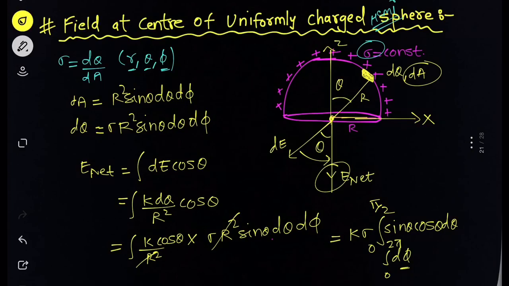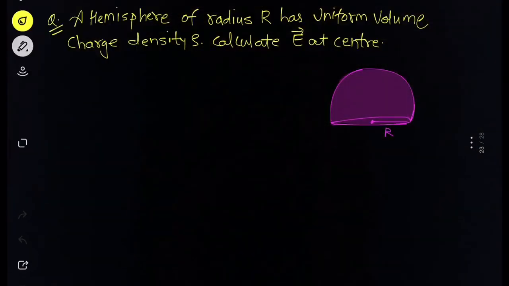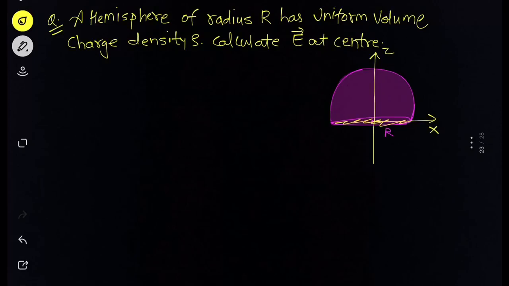Now we'll move ahead. If we have the charge distribution not on the surface only but all over the hemisphere, so let's consider here we have rho, which is constant, and we have to find the electric field at center. So here also what we have to do, we have to set our coordinate system. So let me just set this. This is my z axis, this is my x axis, and here this is on my xy plane, the bottom part of this hemisphere.